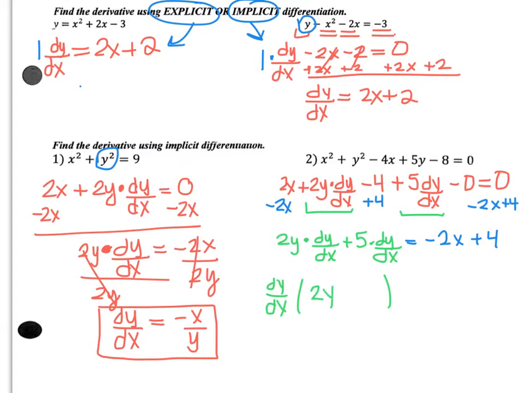And then when I divide this term by dy/dx, I get 5. So (2y plus 5) times dy/dx equals negative 2x plus 4. So then the only thing left to do is, since this dy/dx is attached to this by multiplication, we just divide both sides by the 2y plus 5.